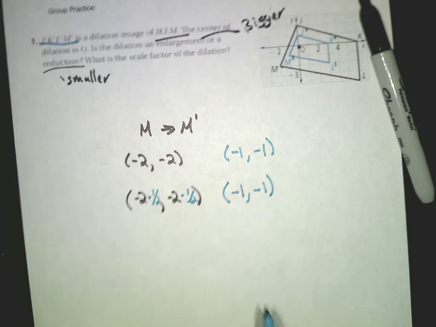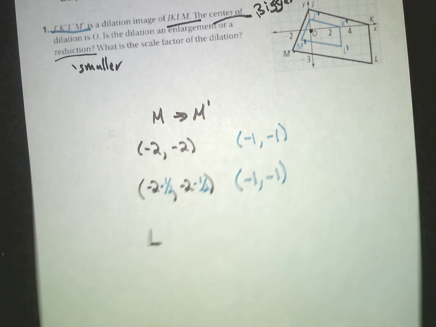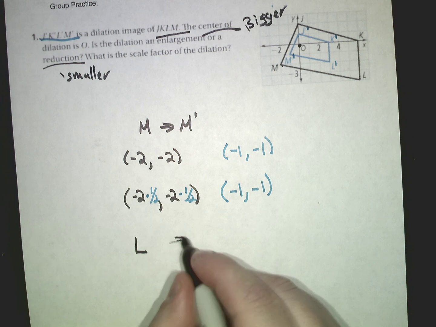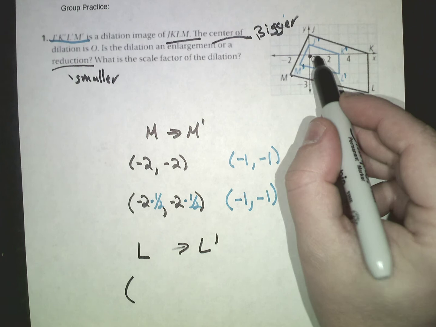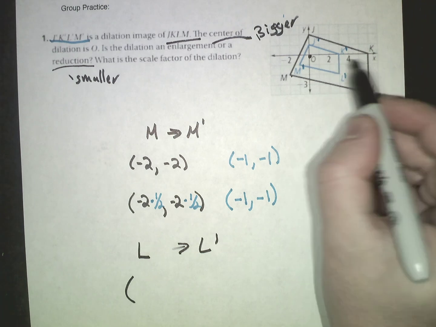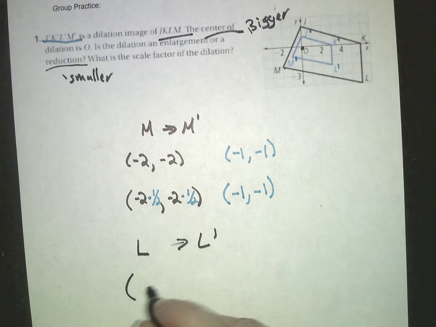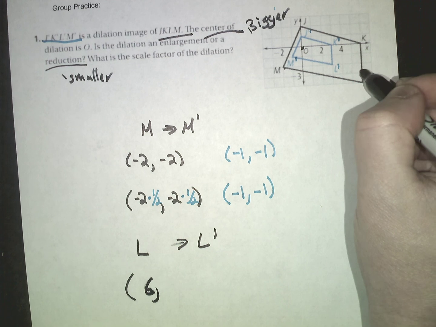Let's check our work. Let's look at the next one, L. L is a little bit more complicated. As it goes from L to L prime, it's 6 in the x direction, and how many down? 1, 2, 3, 4.